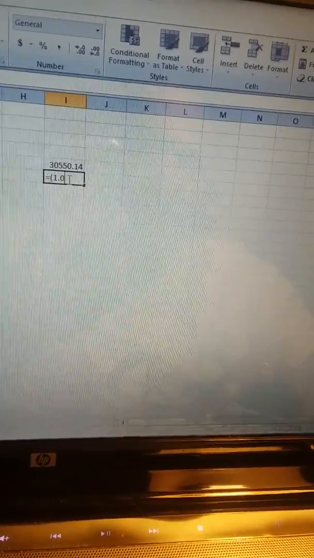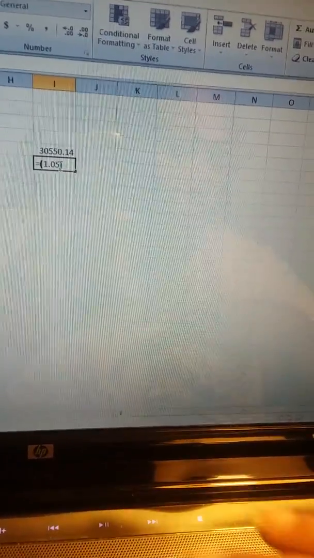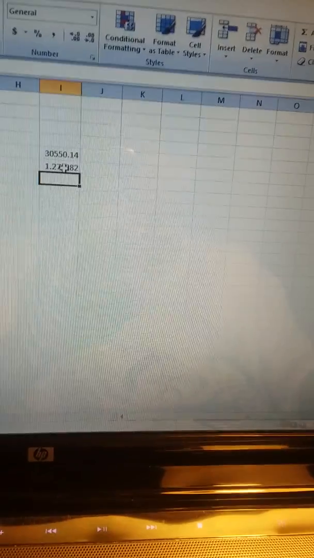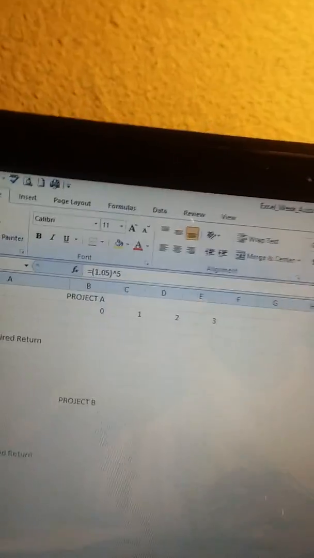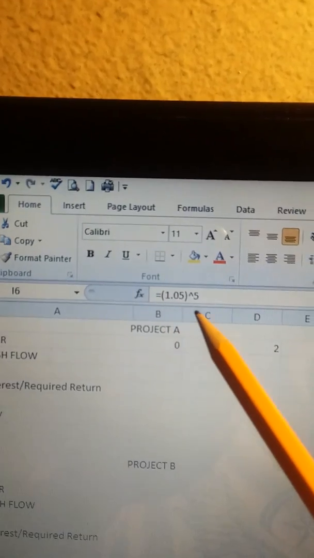Don't forget your parentheses, and it is 1.05, and then that little caret right there, and 5. So it's going to equal 1.276.